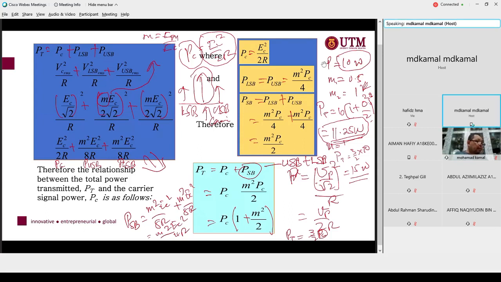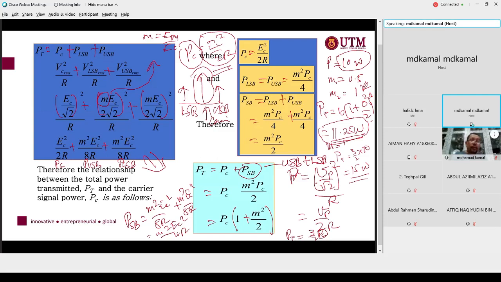So the information is at the M here. The carrier has no information. So basically, if you are using AM, you are wasting power, because the power at this modulated signal for the carrier has no information.